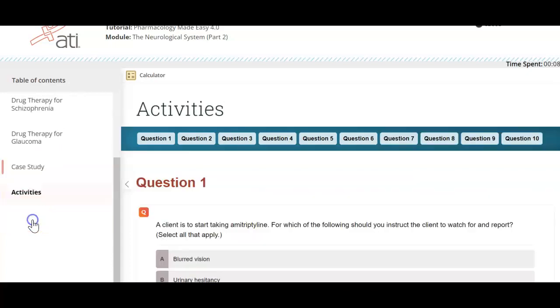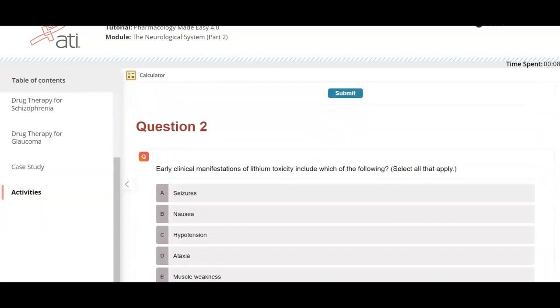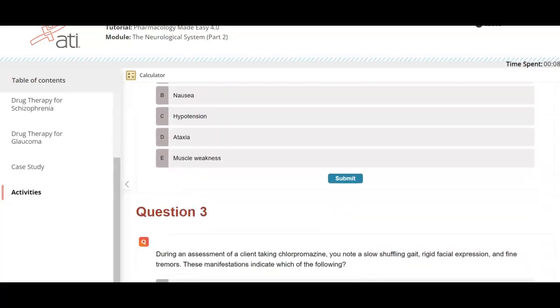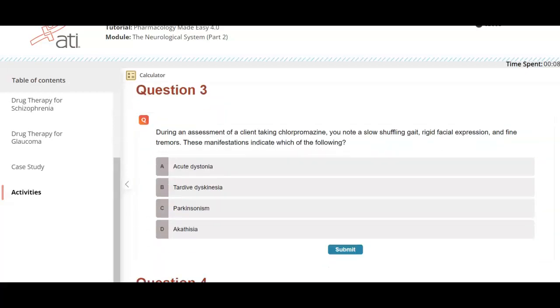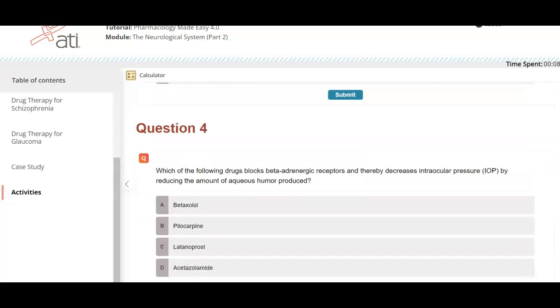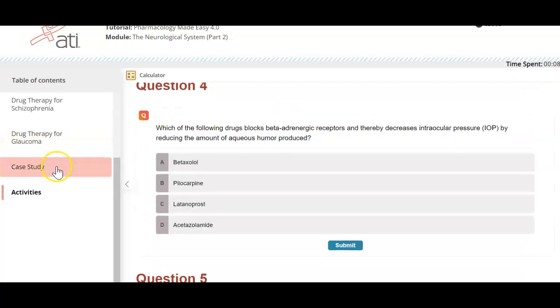Okay? And then don't forget about your activities, and to take notes on any of the things that you get wrong, with the rationales. And maybe instead of having a case study reflection, let's just do the reflection on the activities.